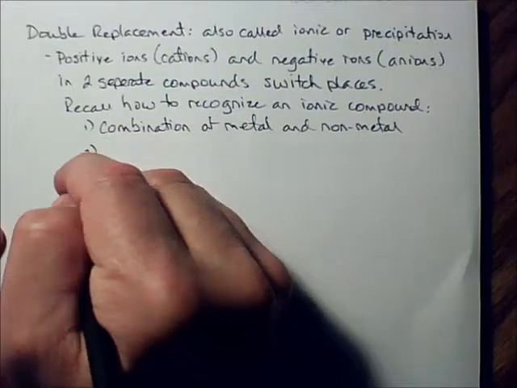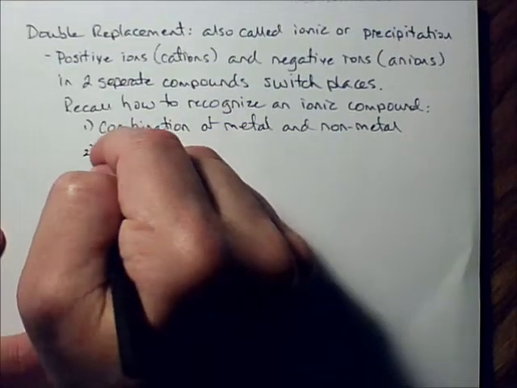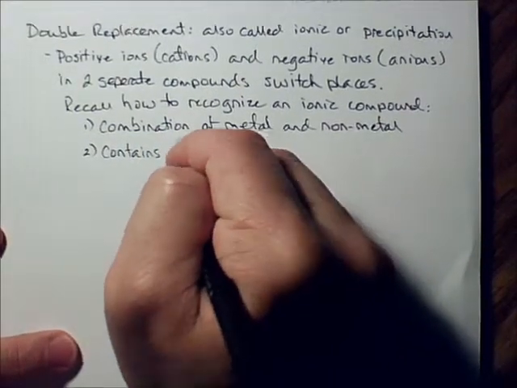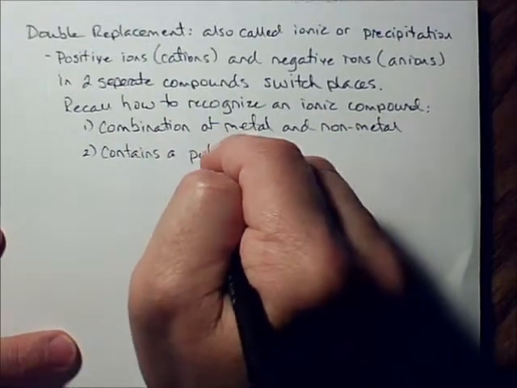And the second way you recognize an ionic compound is if it contains a polyatomic ion.